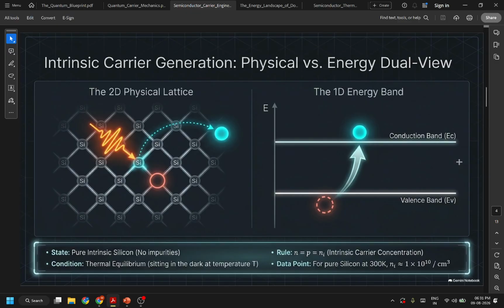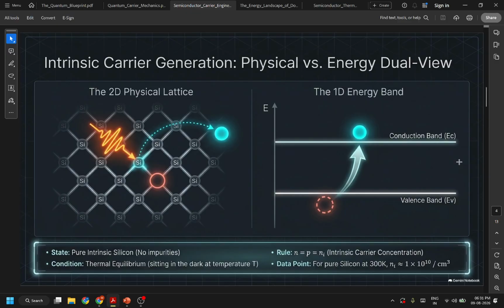So now we come to intrinsic carrier concentration. How do we get intrinsic carrier generation? How are carriers generated intrinsically, without any doping or application of voltage or light?